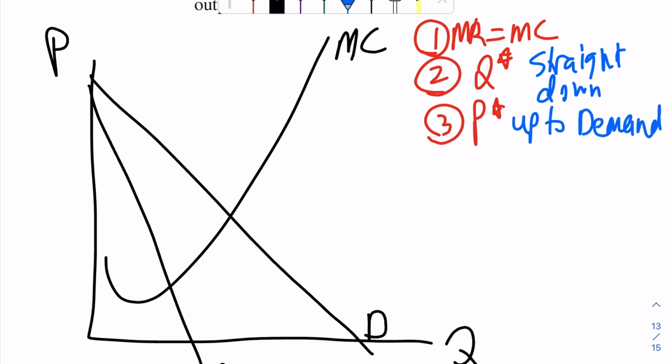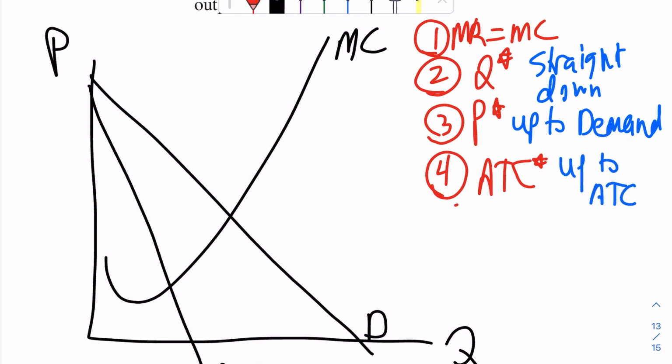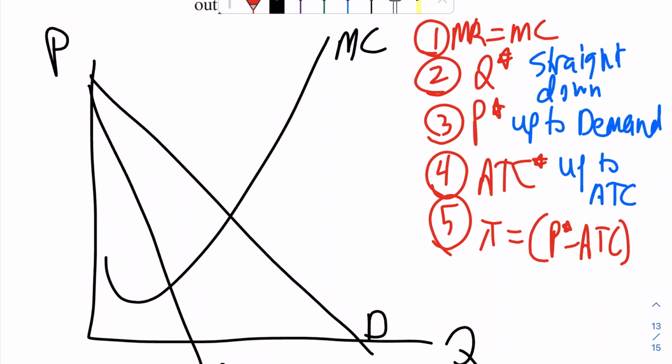Step four, which we're going to get to in a second, is finding your ATC. How do we find ATC? We go up to the ATC. And finally, step five is profits, which is price minus the ATC times the quantity. So these are the steps. You do not have to write out the steps. I am writing them just so you know what we're going to be doing.